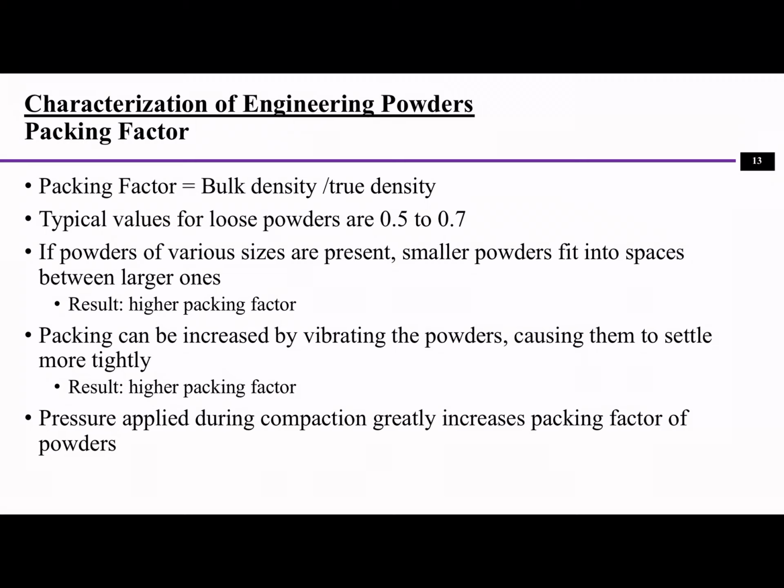And if powders of different sizes are present, and smaller powders can fit into the spaces between larger ones, it will usually create a higher packing factor. And because they're in a loose state, if you vibrate the powders, sometimes you can increase the packing factor, because it causes those particles to settle in a more tightly packed state.